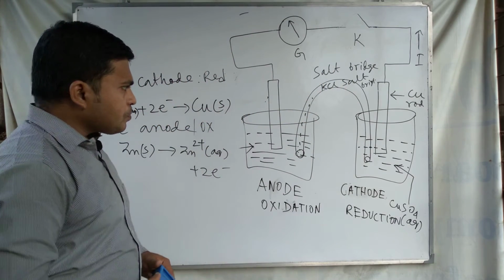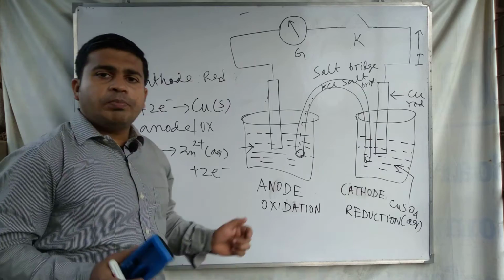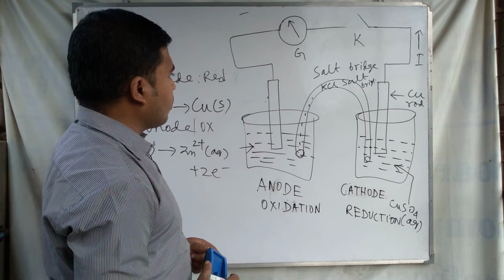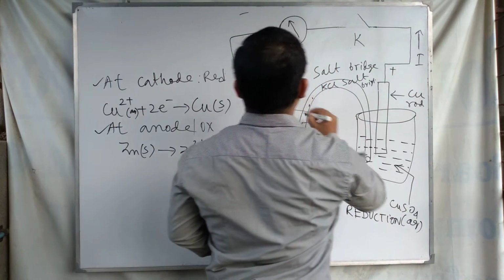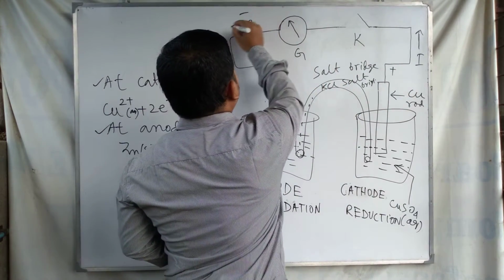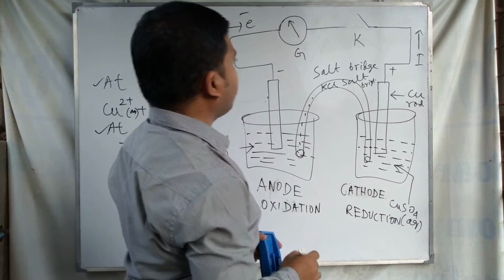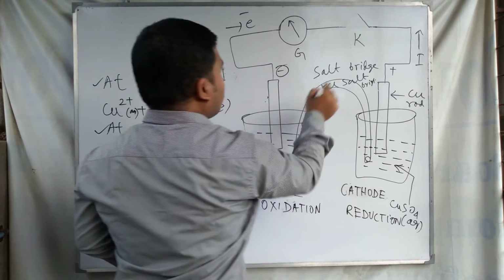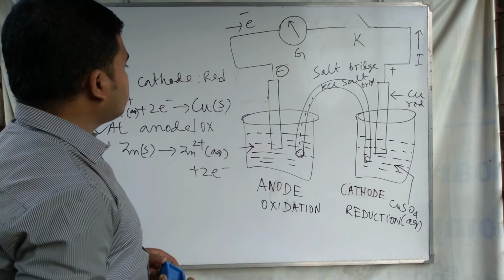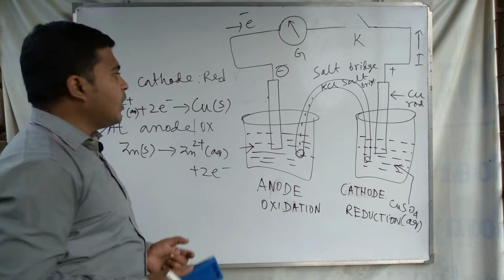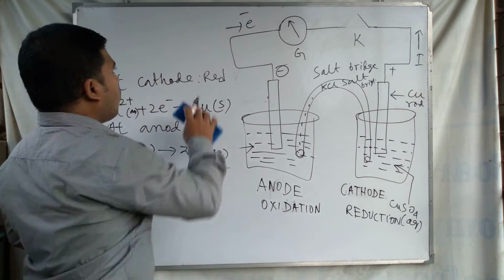So right now if we want to represent this galvanic cell, this is the negative one, this is the positive one. Electron flows in this direction, current flows in this direction, negative sign, positive sign. So in this case, if we want to represent the galvanic cell by notation, what do we write?